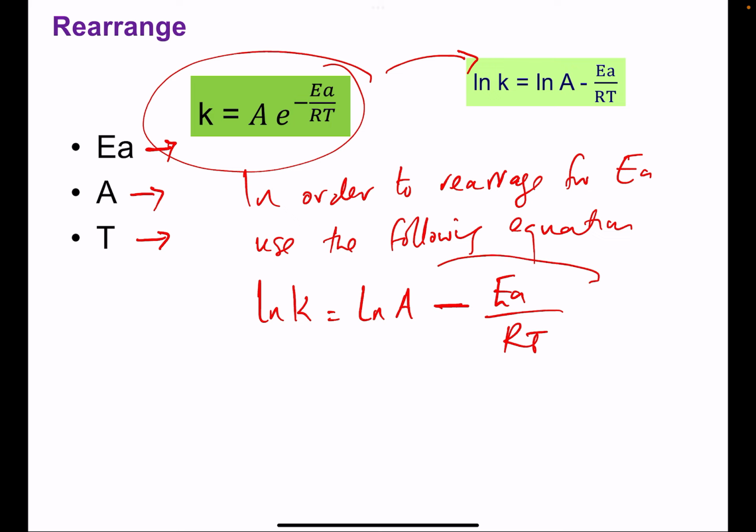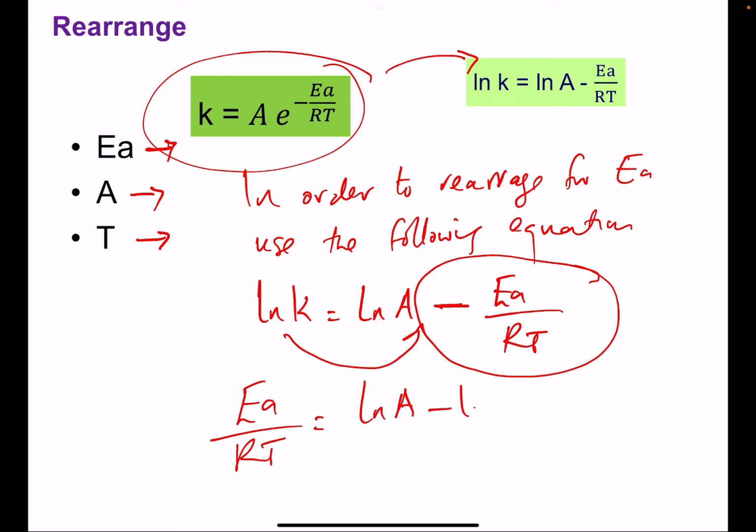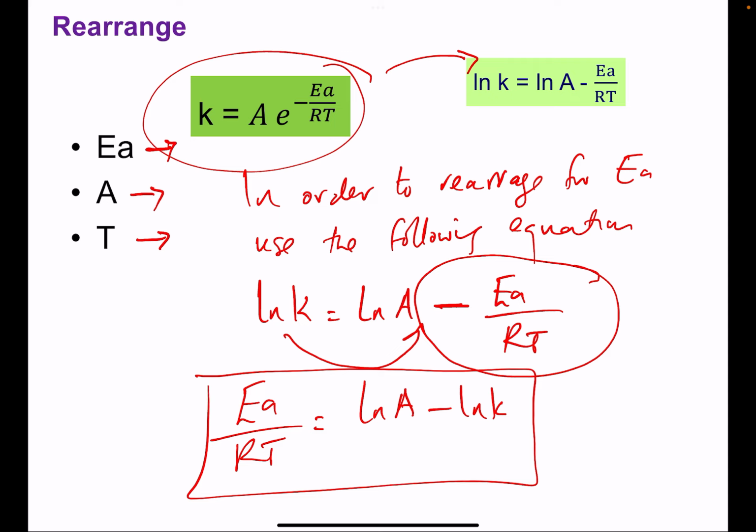I tend to move the negative to the opposite side, so it becomes Ea over RT equals natural log of A, and move natural log of k to this side, it becomes minus natural log of k. Now it's entirely up to you how you rearrange equations. Whatever you've been taught at GCSE, just use that. So Ea becomes natural log of A minus natural log of k, times R times T. That's how I would rearrange for Ea.